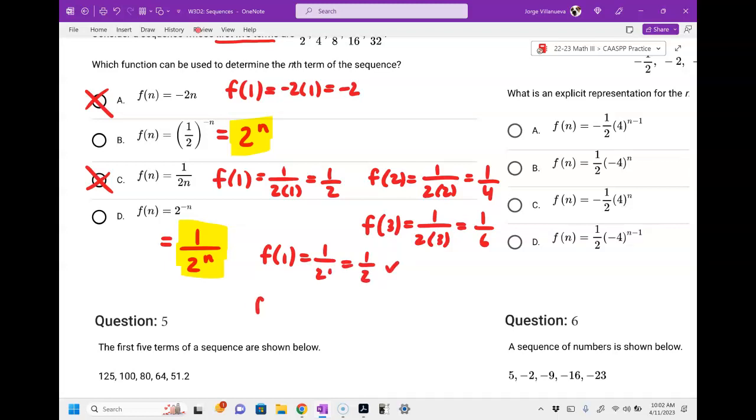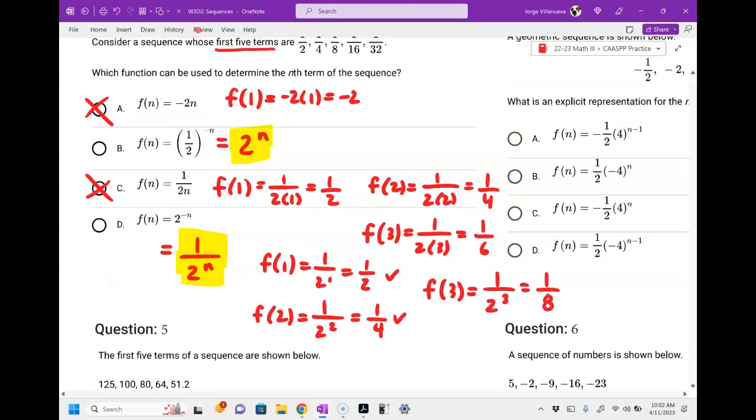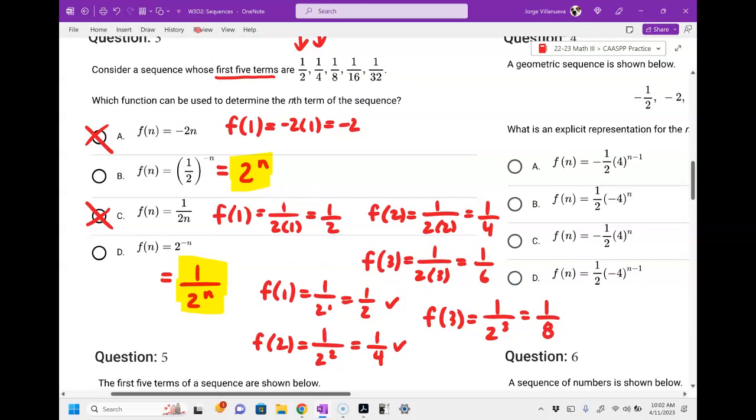Let's plug in a 2. F of 2 would be 1/2 squared, which is 1/4. That seems to work just fine. Now here's the deciding number. What about 3? F of 3, that would be 1/2 to the third, which is 1/8. Does that match? Yeah, it's 1/8. So there we go. It's got to be D.